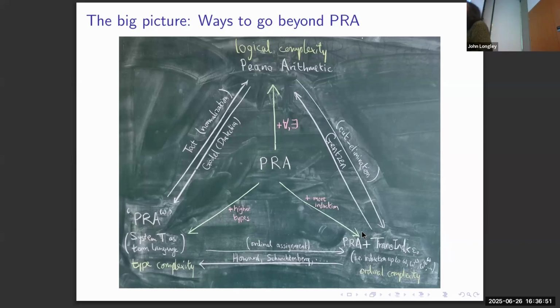Sorry, there's a question. The corner of the triangle you've called PRA to the omega, could that also just be called system T? Okay, so in Gödel's nomenclature, yes, you could, because Gödel introduced T as an actual language of logic and equations between terms. I've introduced it as just a term language by itself.